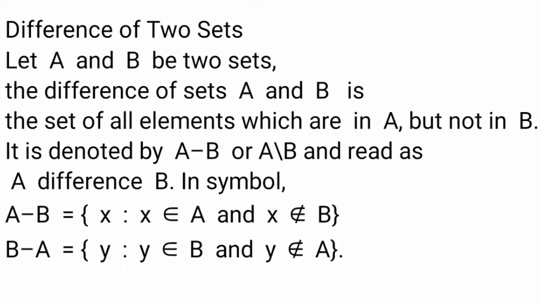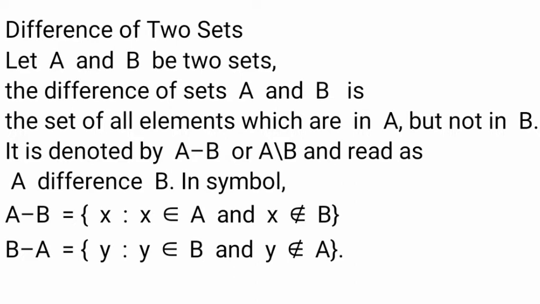So A minus B means x belongs to A but does not belong to B. Next, B minus A: we take another element y, such that y belongs to the first set and does not belong to the second set.